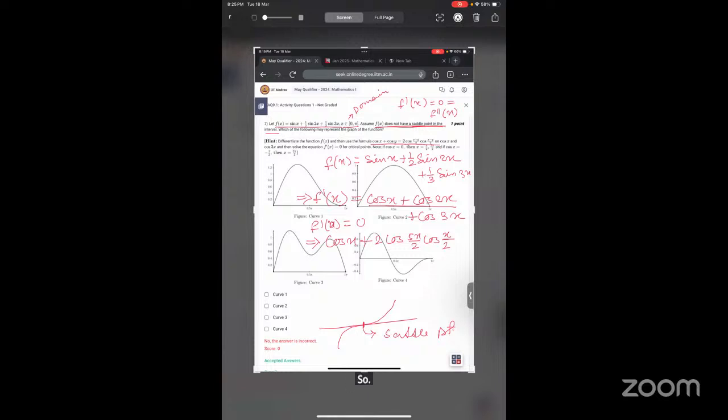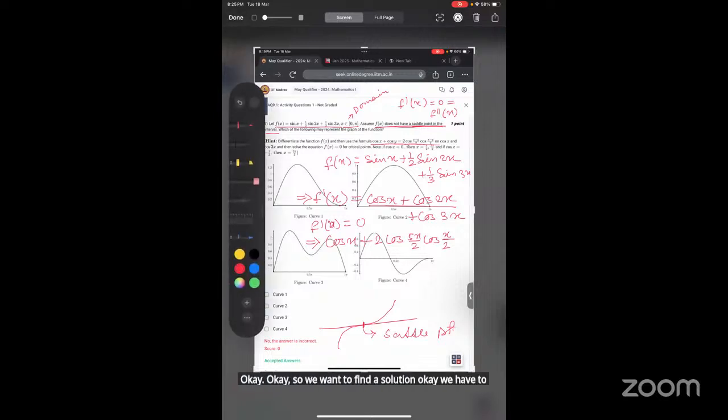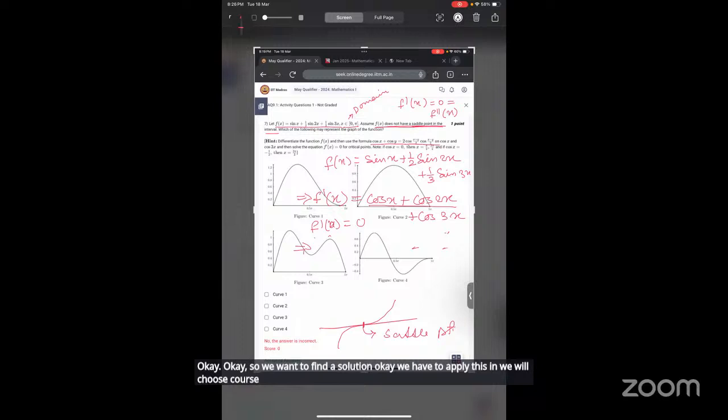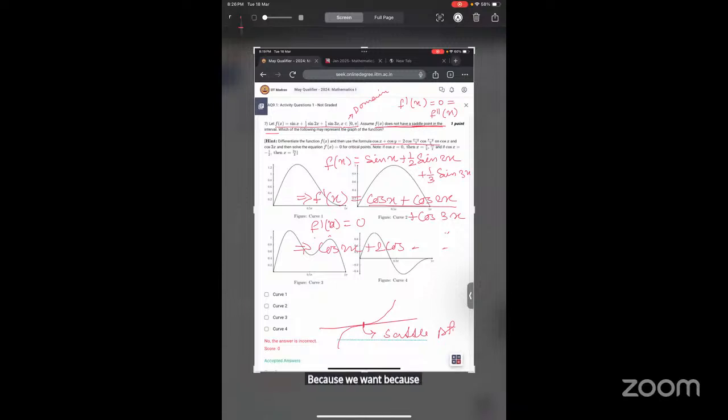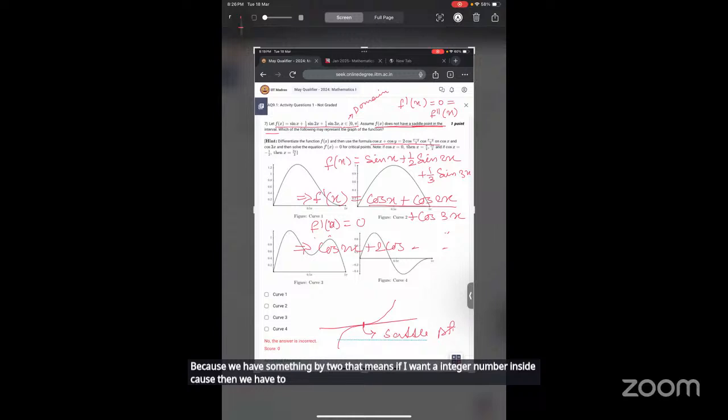So we want to find the solution. We will let cos 2x stay fixed, and we will apply the formula on cos x plus cos 3x. Similarly we will get something by 2. If I want an integer number inside cos, then we have to choose two odd numbers or two even numbers, right?